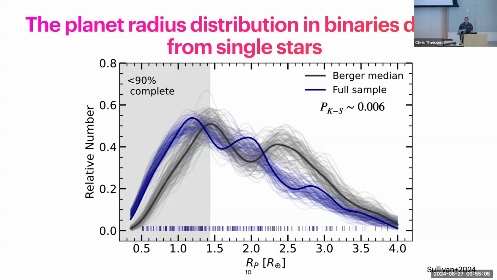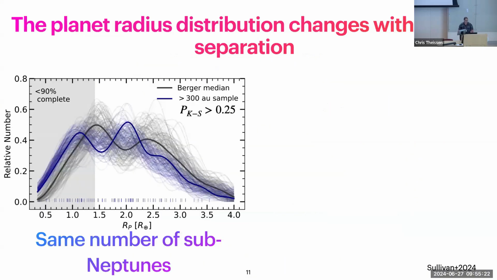But we could do more than this because we had our giant sample of 280 planets. So we know that the binary star properties for the disks are different as a function of binary separation. So perhaps the planet distribution is also different. So first, we plotted a separate distribution for the wide binaries. So these are binaries with separations greater than 300 AU.